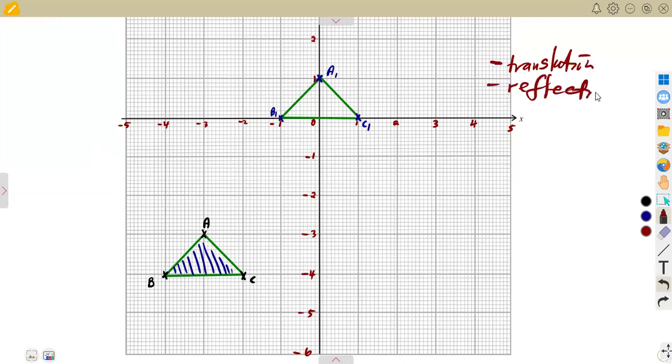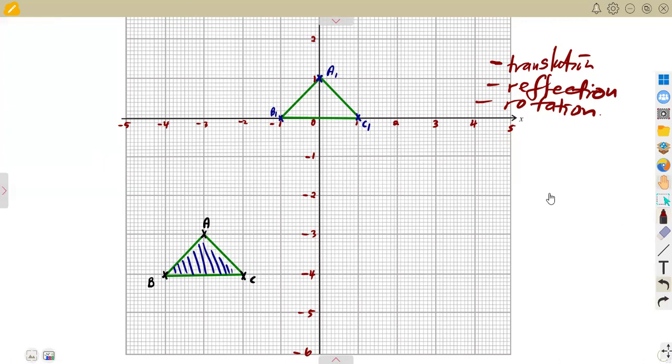These are the three transformations that we are going to have in mind before we conclude. These three are the isometries, for when the figures are congruent.